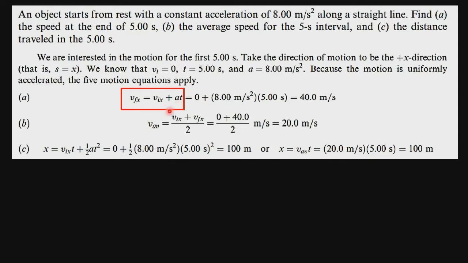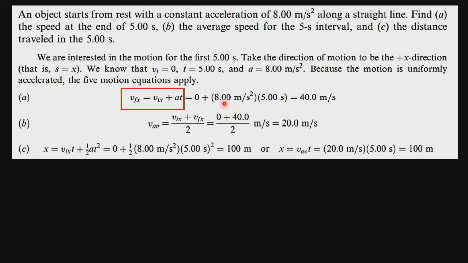This is a standard formula that you don't have to worry about. It is already given, and so we will now replace all the different values in the formula. Remember that our initial velocity is at rest, therefore there is no velocity there, so we write 0, while the acceleration is 8.0 meters per second squared, and the time is 5 seconds.